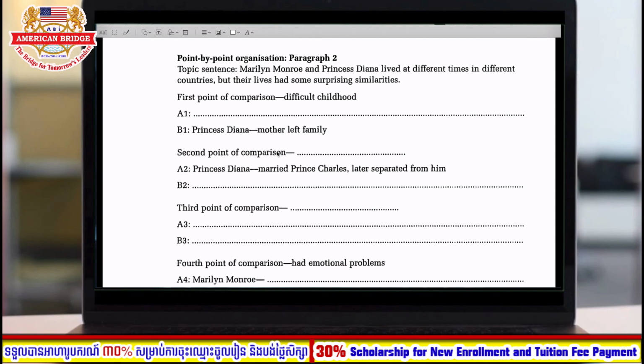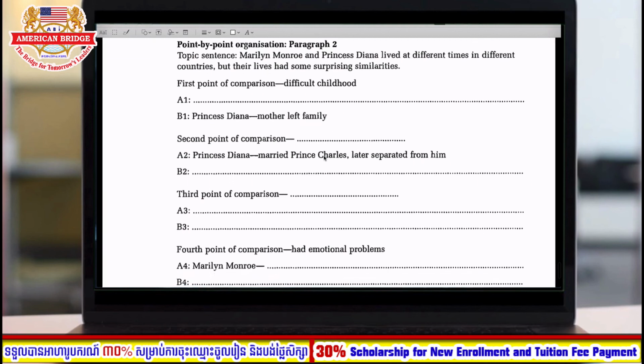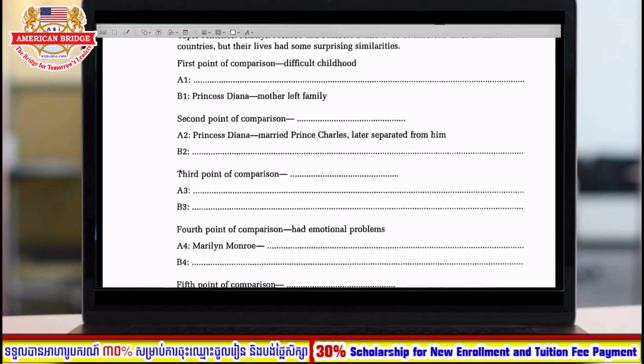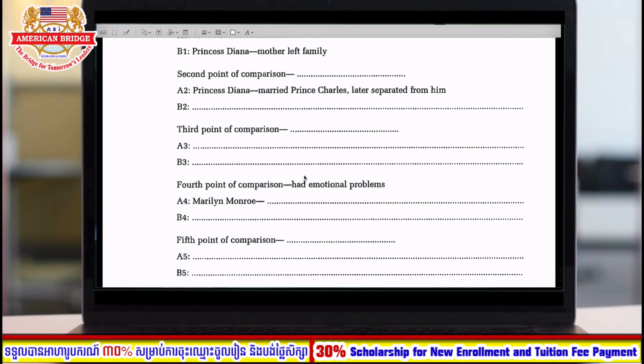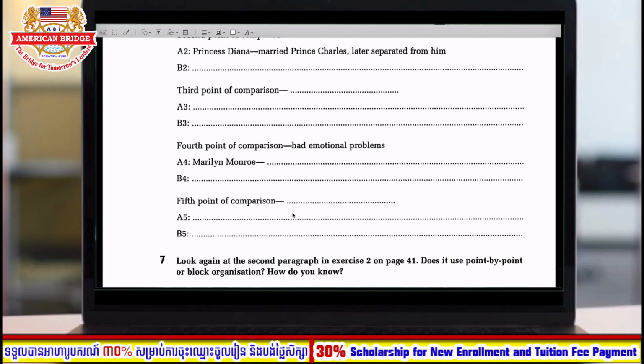For the second point, they compare the popularity, or status, who is famous, and then they compare those two different people. For the third point, they compare the daily life and life events, for example, the emotional problems.